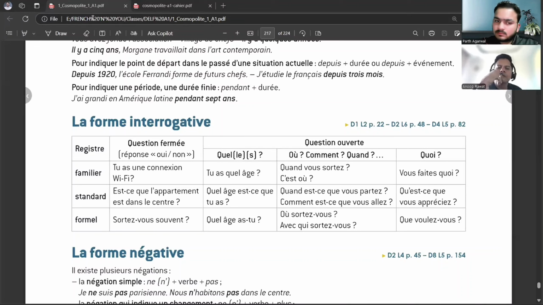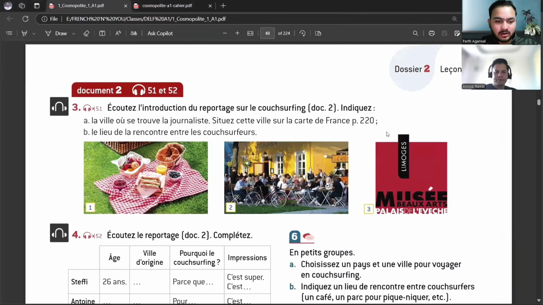We don't pronounce the c here. This is the est-ce que. Okay. Quel âge est-ce que tu as? Quel âge means what is your age.